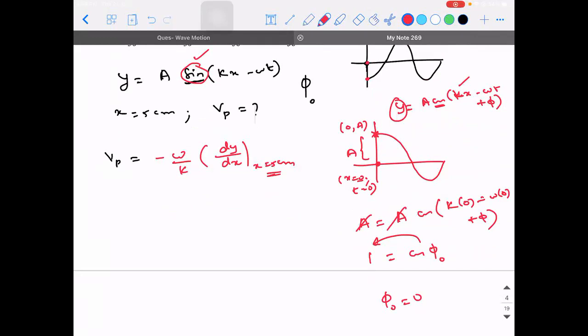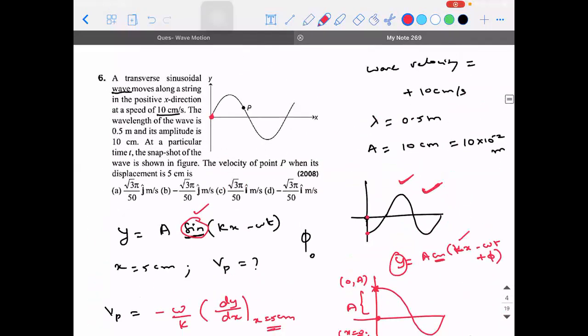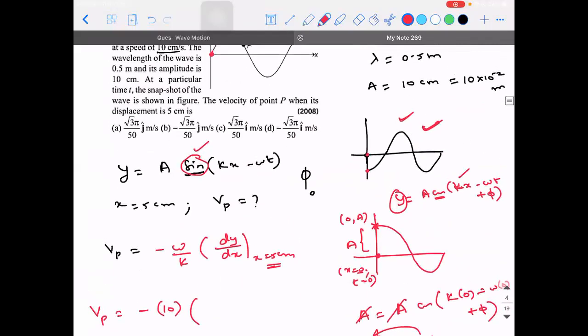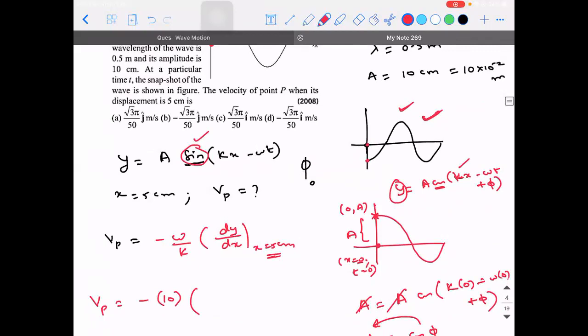Okay, understood. So velocity of the particle is minus omega by k, they have given minus 10, into dy by dx. Can you calculate and tell me?